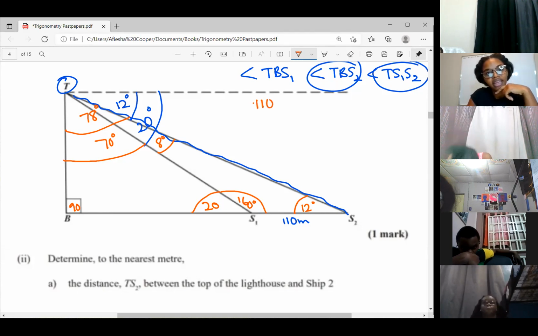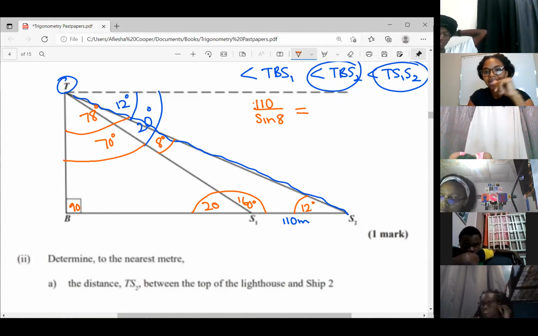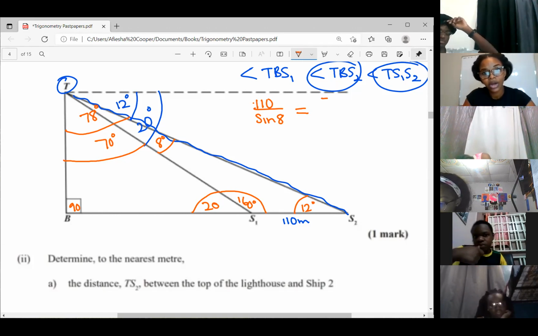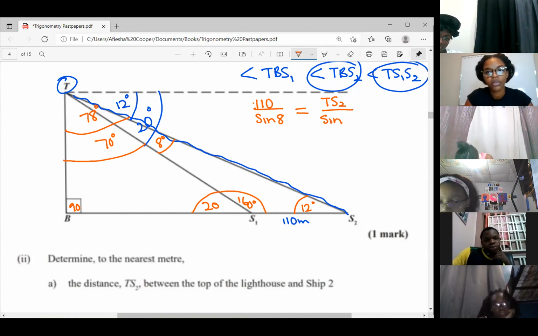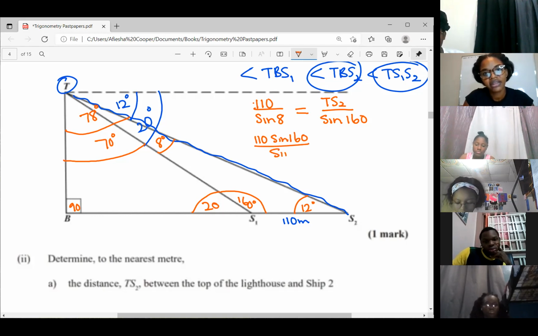So 110 over sine 8 is equal to what will be my next pair. I want TS2, so that will be my line over the opposite angle, which is sine 160. We cross multiply, so we say 110 sine 160 over sine 8 is equal to TS2.